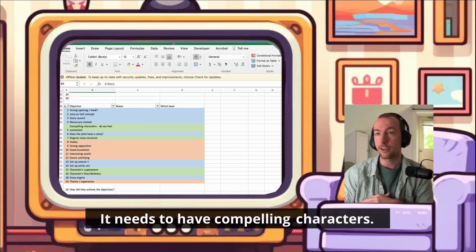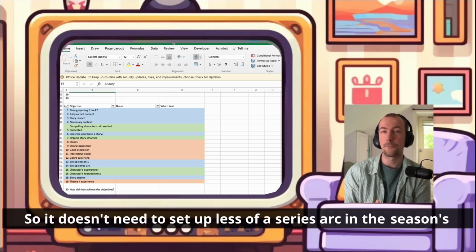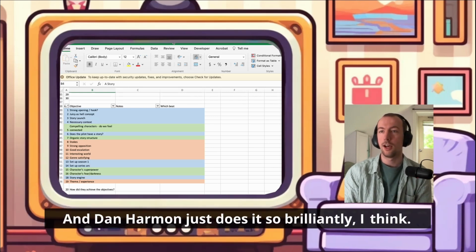It needs to have compelling characters. So this is a comedy. Rick and Morty is not serialized, it's just episodic. So it doesn't need to set up as much of a series arc or season arc, but it does need to set up the themes and the character relationships. And Dan Harmon just does it so brilliantly, I think.